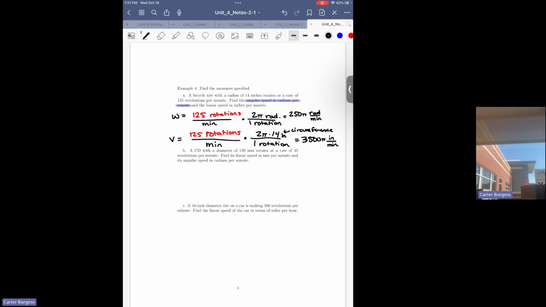Missing a 0. Otherwise looks good. Perfect. Now is 120 the radius?